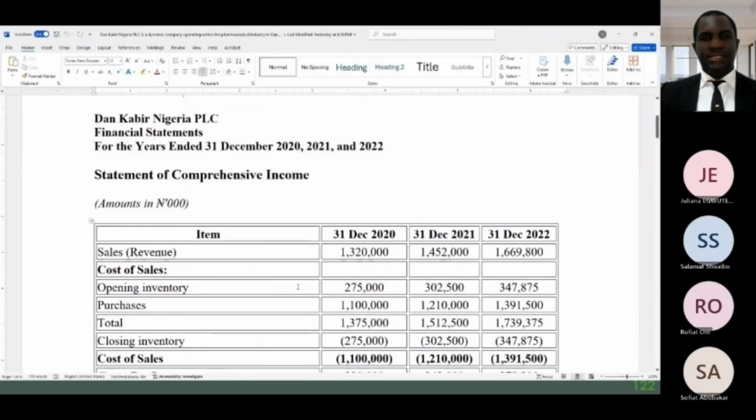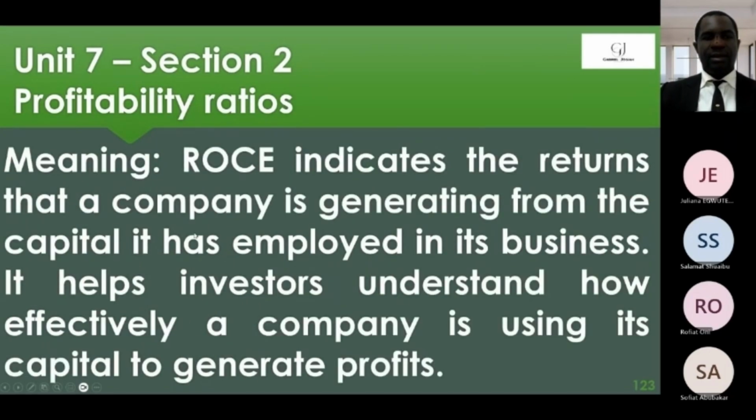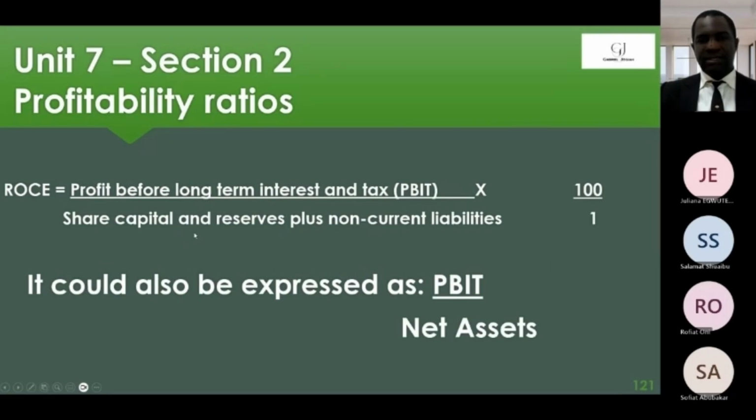Okay, so looking at the return on capital employed formula, I'll be toggling my screen between the financial statements and the PowerPoint where our formula is. On the screen, you can see the formula, profit before interest and tax.